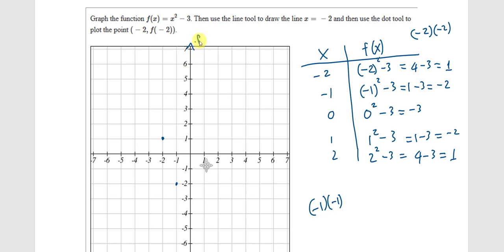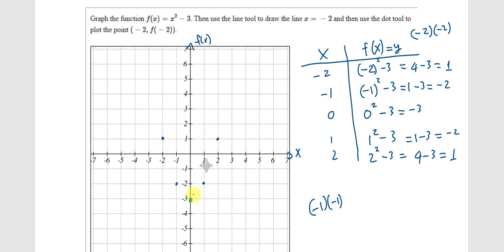Remember, this is the f of x, and this should be the x. 0 gives minus 3, so 0 for x, minus 3 for y is this point. 1 for x, which is right here, minus 2 for y, which is this point. 2 for x, 1 for y is right here. Remember, y is f of x, this is the y value.